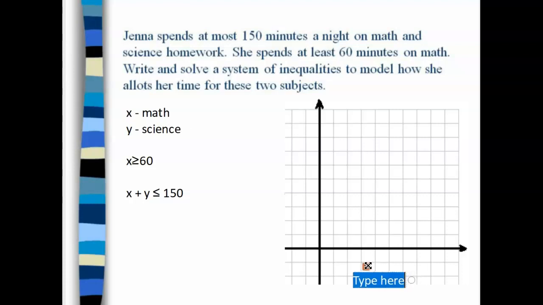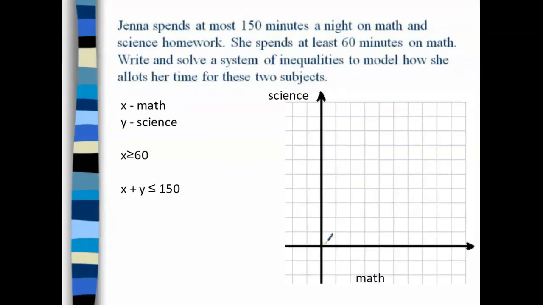So I'm going to label my x-axis as math. I'm going to label my y-axis as science. And if I go by tens, 10, 20, 30, 40, 50, 60, 70, 80, 90, 100, I'm 50 short. So I'll go by 20s.